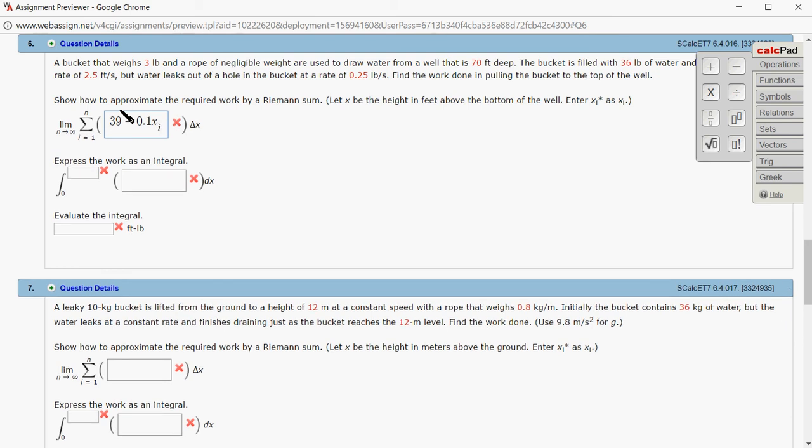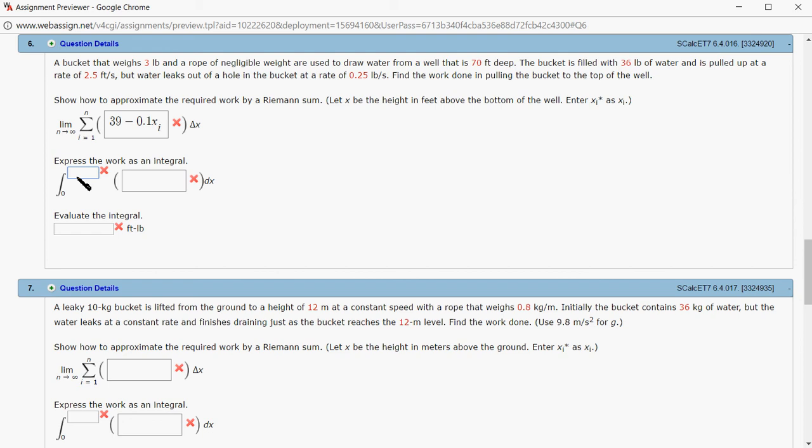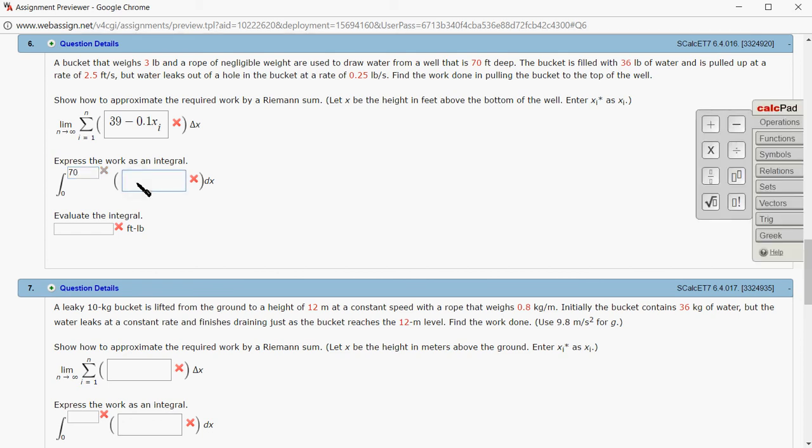Then the integral is going to be from 0 to 70 of 39 minus 0.1x.